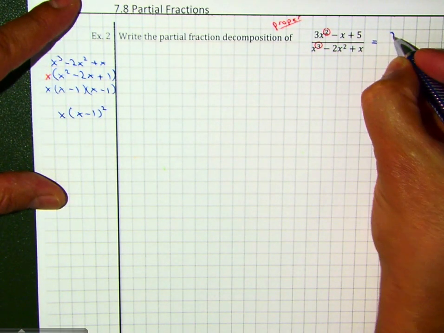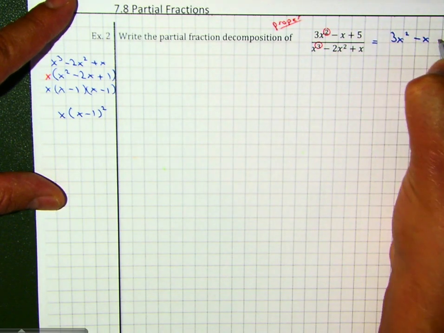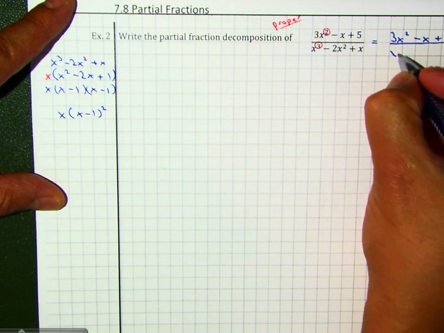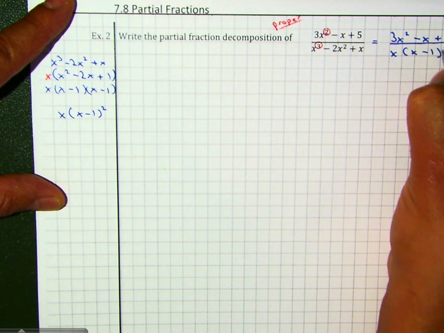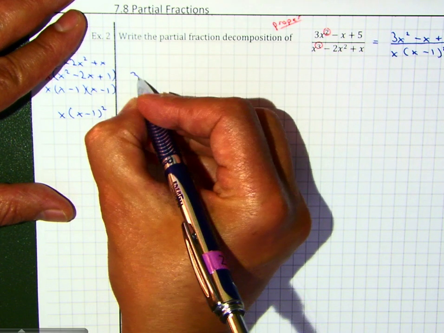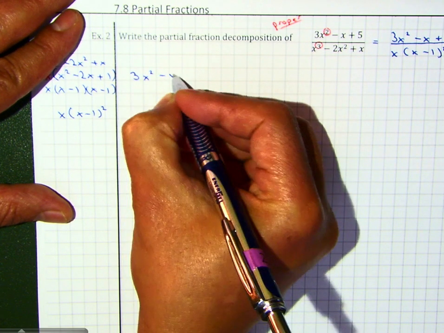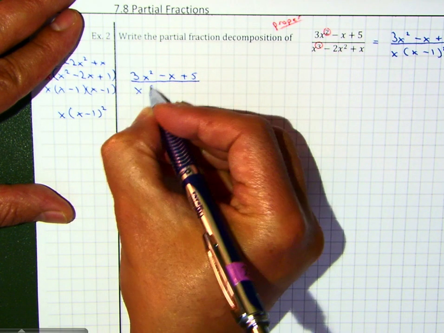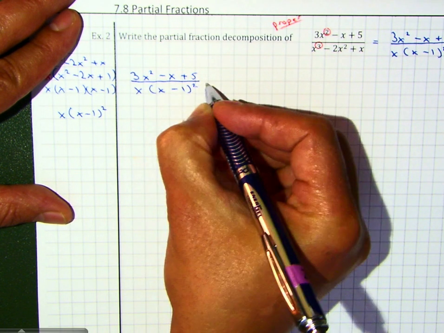So we have 3x squared minus x plus 5 over x times x minus 1 squared. Let me go and copy it over here.